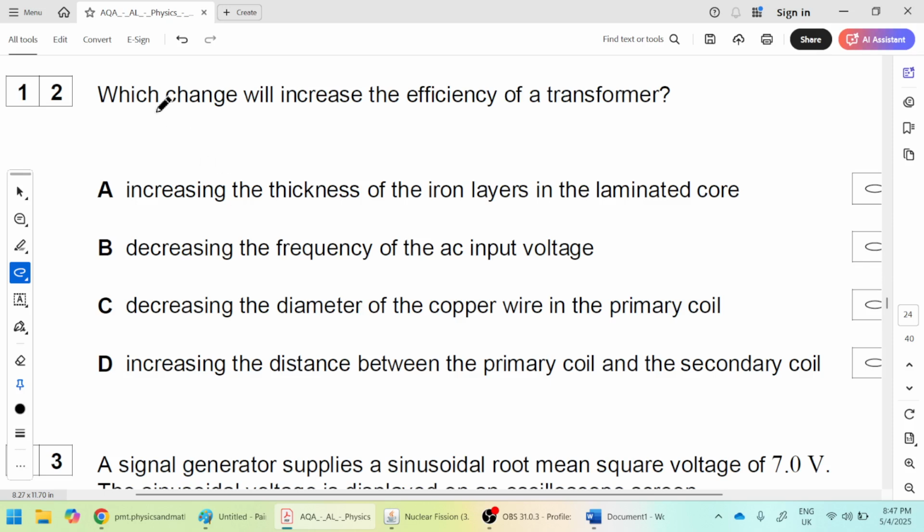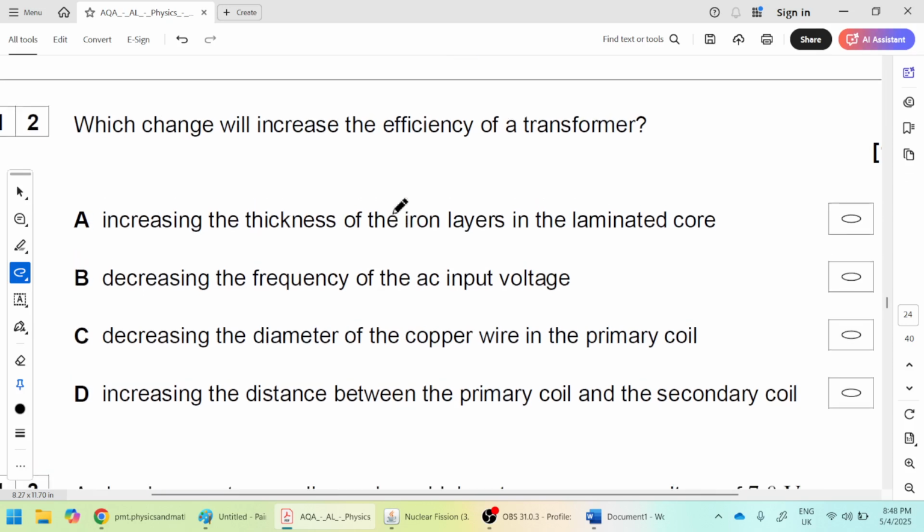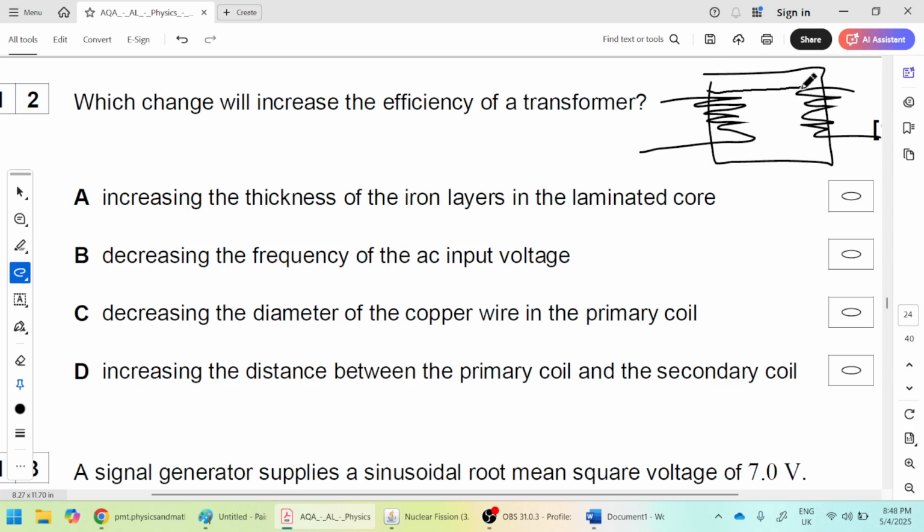Which change will increase the efficiency of a transformer? Increasing the thickness of the iron layers in the laminated core. Now, just reminding you, this is a transformer, primary coil, secondary coil, and here we have the transformer core, which is made of iron. This is not made of solid iron because there are things called eddy currents flowing inside here.